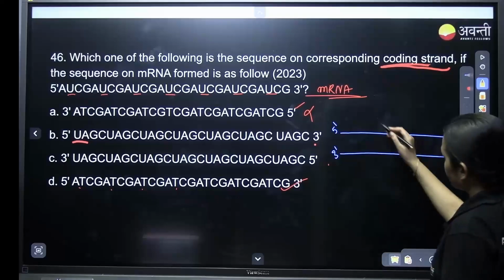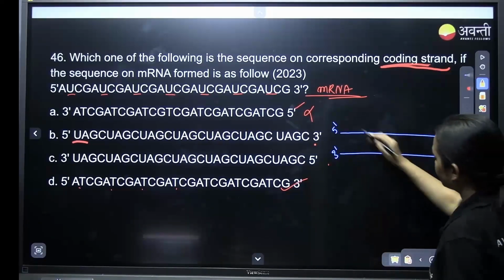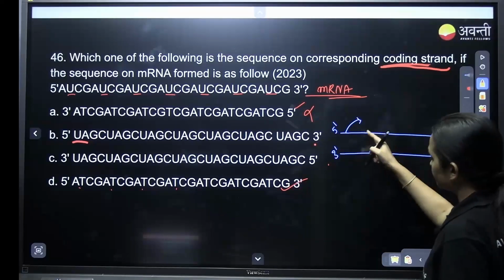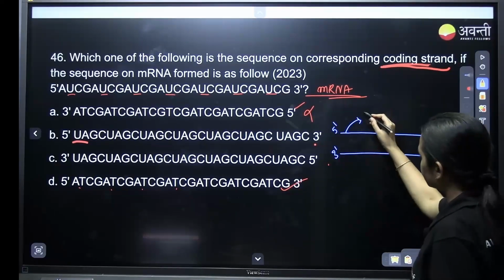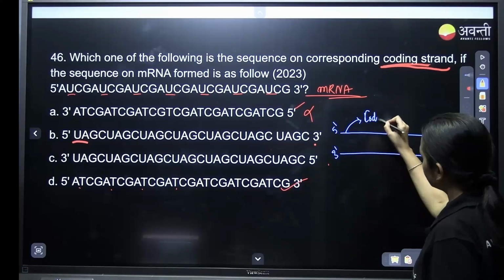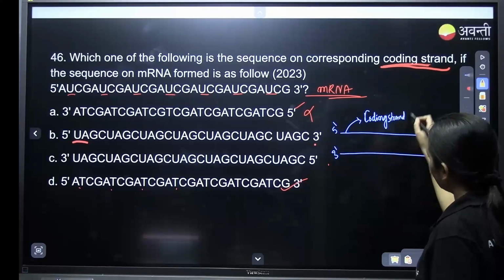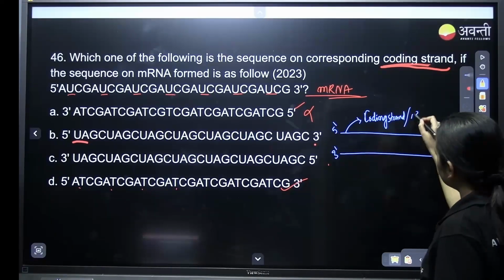Okay, this particular thing is a structural gene, both strands together. This particular strand we call the coding strand, otherwise we call it the sense strand.